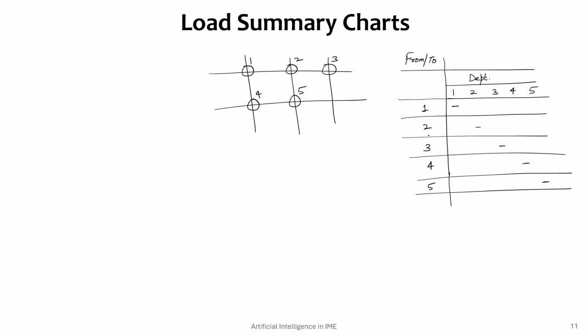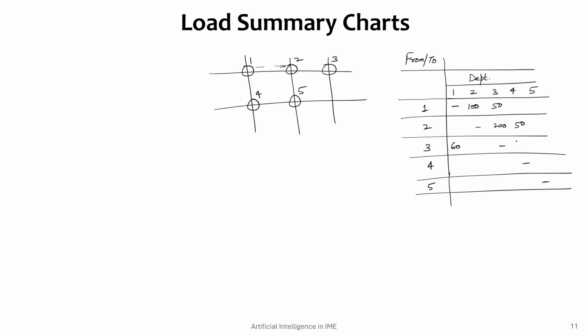Now from 1 to 2, the inter-department movement load is 100 units. From 1 to 3, the load is 50, and there are no loads from 1 to 4 and 1 to 5. From the second department, the load to the third department is 200, and to the fourth is 50. From the third department to the first department, the load is 60.